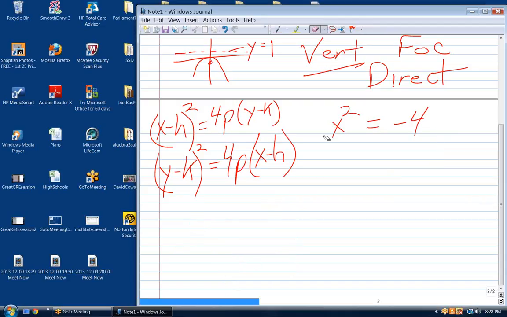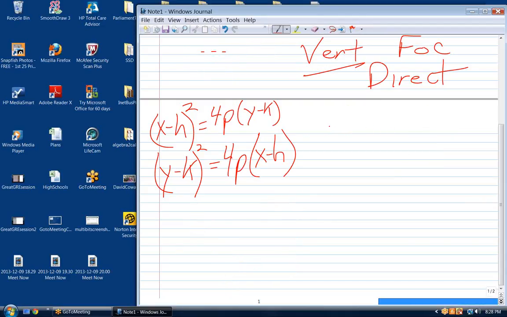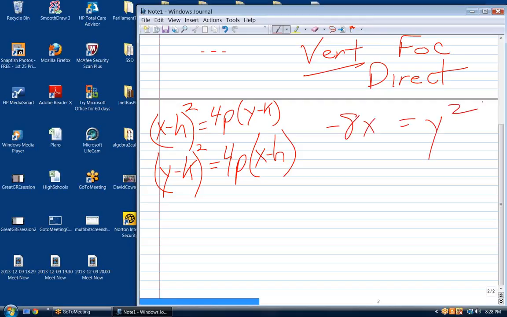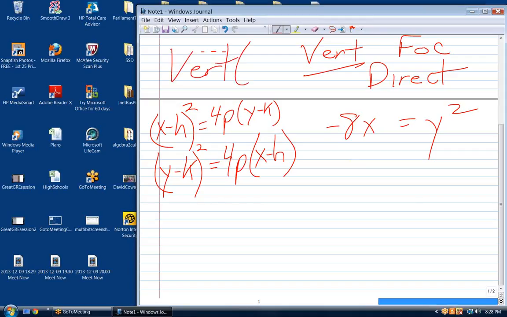Give me one more. Negative 8x equals y squared. Horizontal or vertical? Horizontal. Okay? Where's the vertex? The vertex on all of these is at 0, 0.